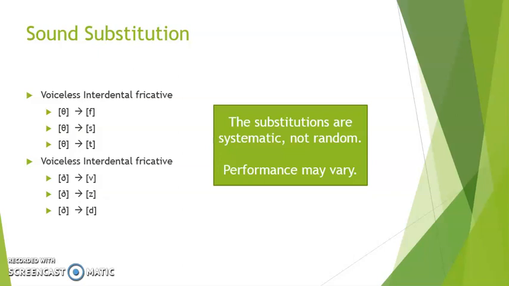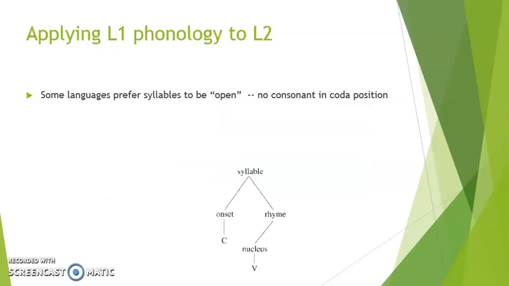But that doesn't mean that when we're speaking in a language our performance will be exactly the same, in our L1, but especially in our L2, right? We might say that sound correctly sometimes, in some places, in some words, and not in others. So performance may vary, but the substitutions themselves would not be just random.